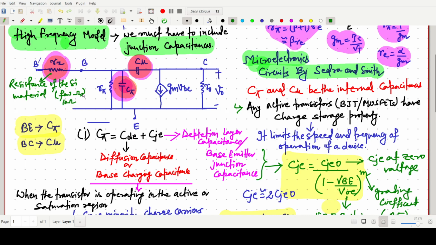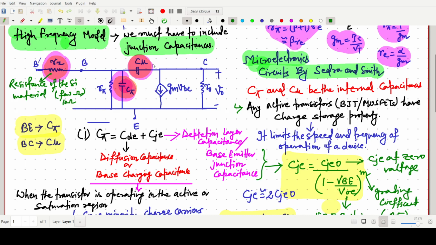So that is the small signal model we have to know for the high frequency model of a BJT transistor. We have to incorporate C pi and C mu. C pi is the combination of diffusion capacitance plus the base emitter junction capacitance, that is our depletion layer, when the transistor is operating in the active mode or saturation mode.